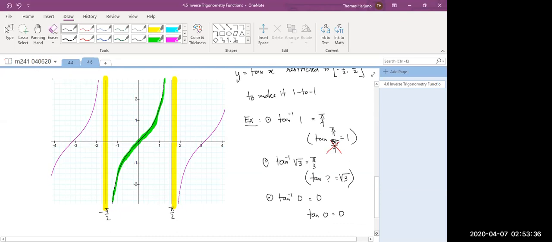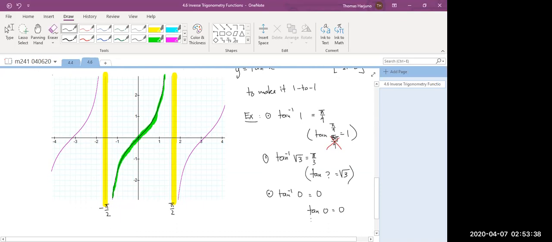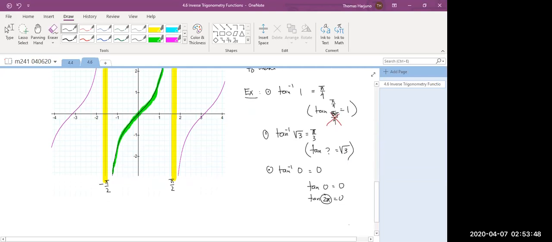Yes, that's true. Tangent 2 pi also equals 0. Now the problem is 2 pi is not in the restricted domain, negative pi over 2 to pi over 2.